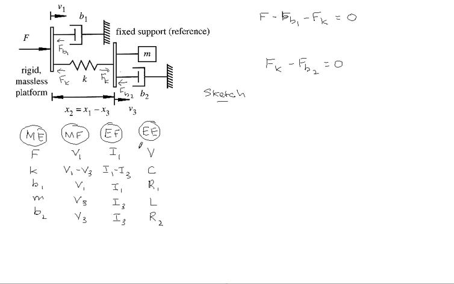Let us first of all consider the elements which have the flow I1 alone. Clearly, we have a voltage source V and a resistor R1 that is associated with I1. Hence, that part of the circuit is shown as such.